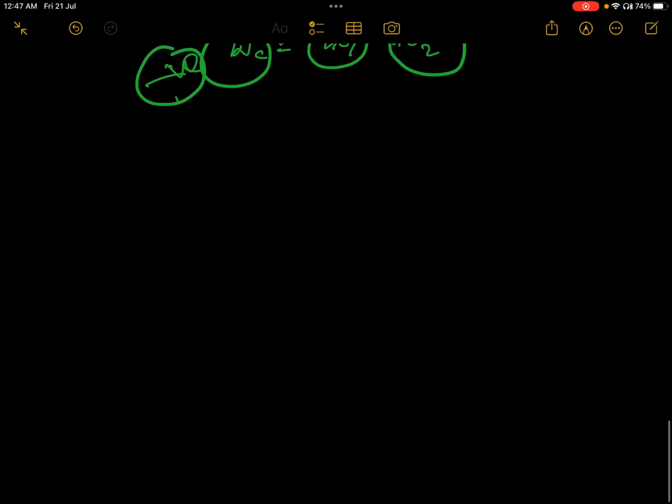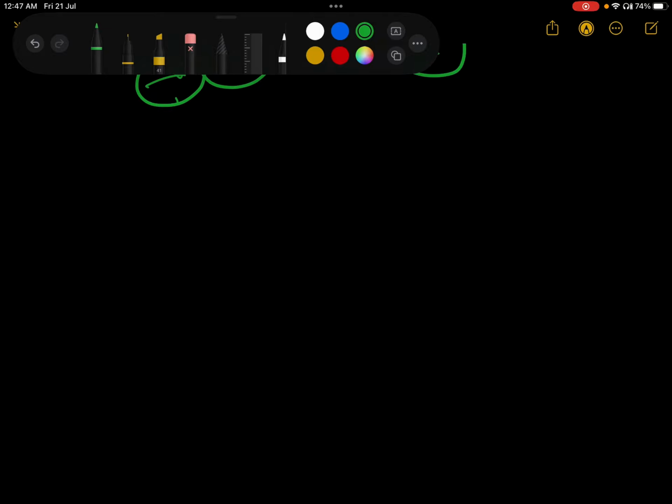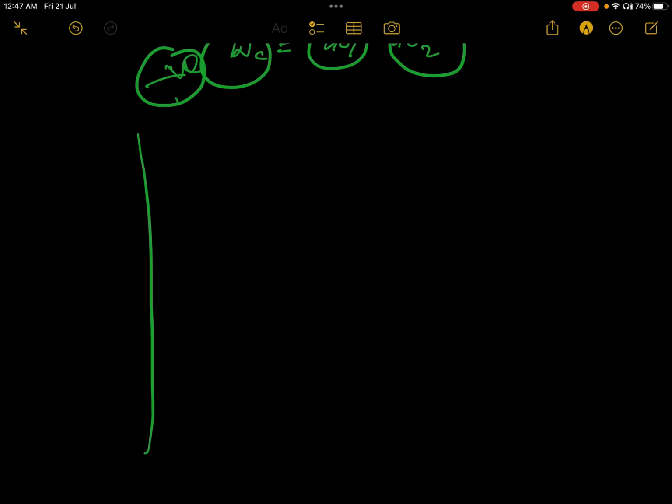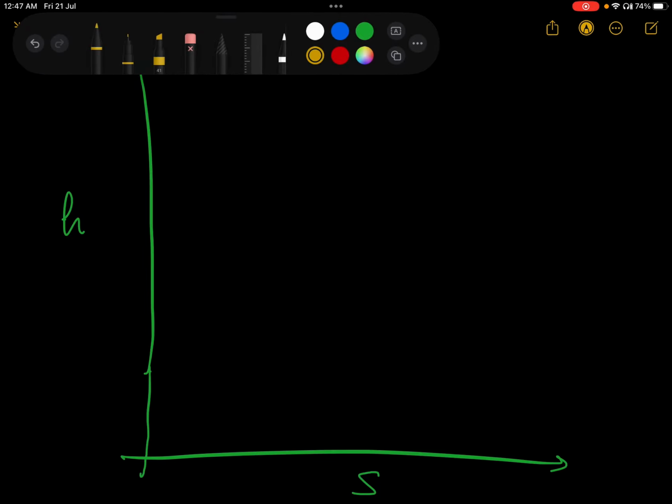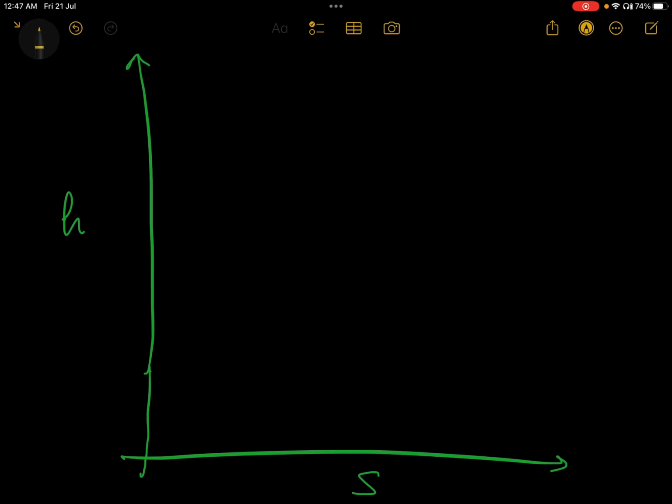We'll try to understand it in a graphical manner. Let's draw enthalpy versus entropy. We have state 1 at pressure P1 and temperature T1 at enthalpy H1, and we are going from state 1 to state 2.